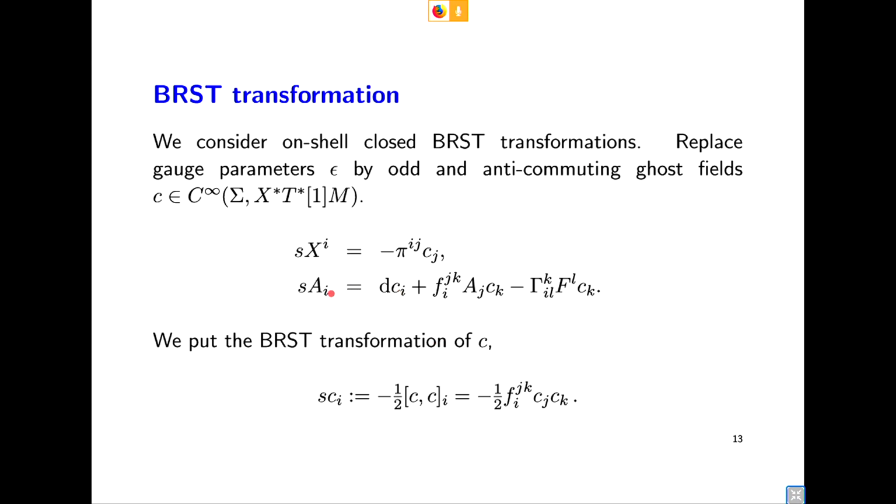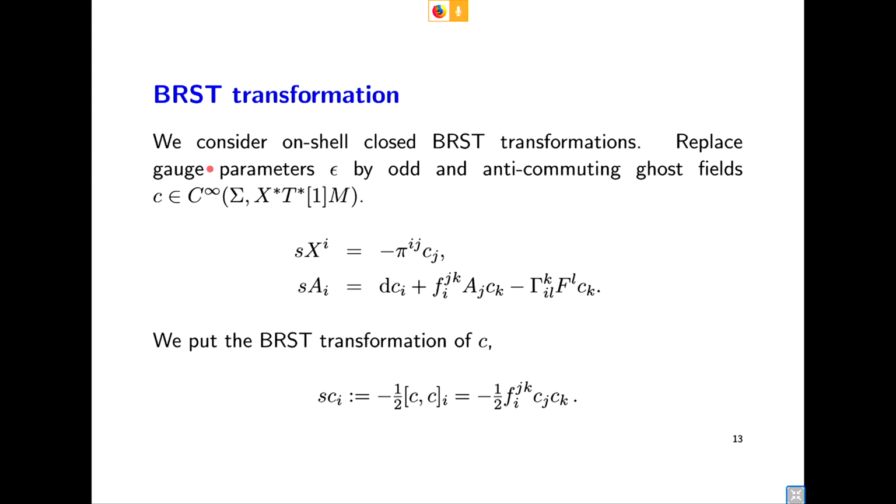Next we consider the normal physical procedure to construct the BV formalism and the BV action functional. First we consider the so-called BRST transformation. The BRST transformation is defined by replacing the gauge parameter epsilon with the so-called ghost field.